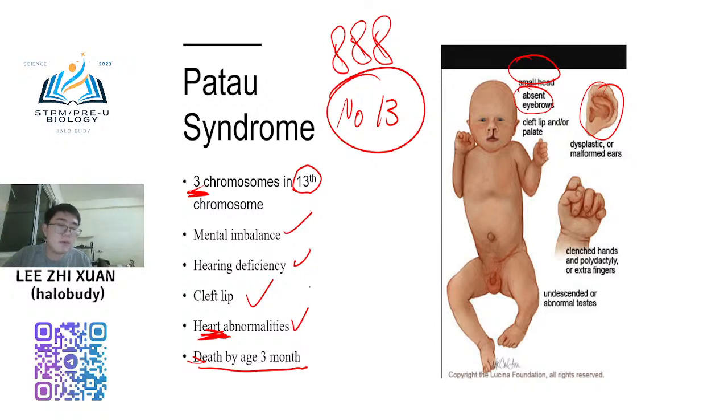So very kesian lah, orang ni memang sangat kesian. And also the testis for male lah, if this patient baby is male, the testis is also abnormal. So very kesian lah. So okay, this is Patau syndrome.